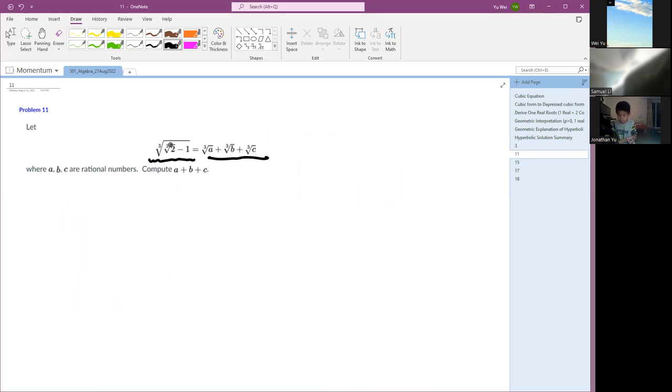So something cubic root minus 1 and the cubic root again equals this, right? Normally when we see this, we don't have anywhere to go. Normally the direction is starting from here, to see whether we can split the term into this format. So now let's do algebraic manipulation.